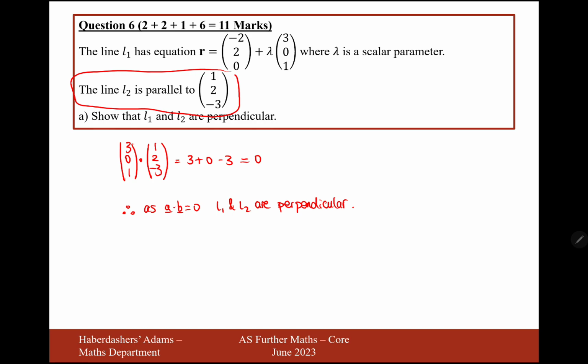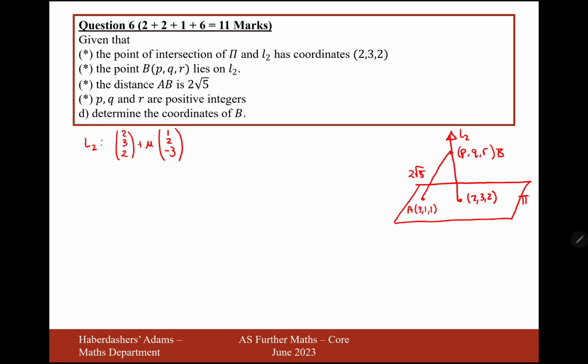So from that information, I know that L2 is going off in that direction. So now I'm going to combine these two parts of the direction vector together, and we're going to call this coordinate B. So for some value of mu, it does reach PQR.